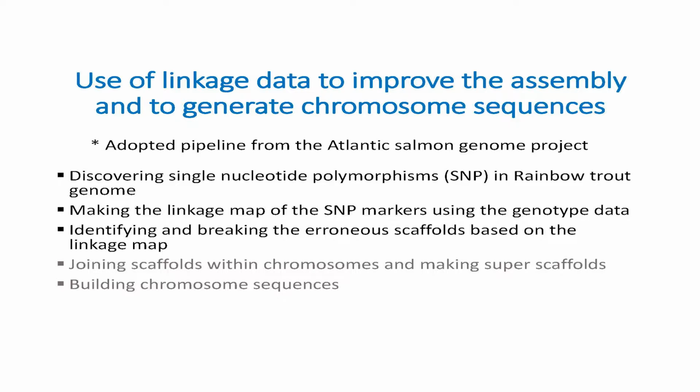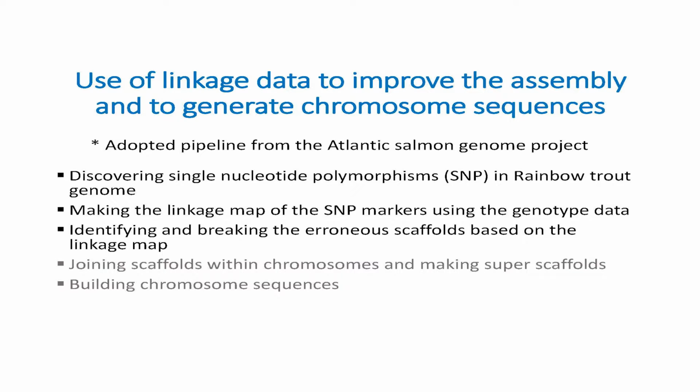SNPs in the rainbow trout genome, and then made the linkage map for those markers. Then using those mapped markers, we try to find whether there are errors in scaffolds in this assembly, and then we break those.